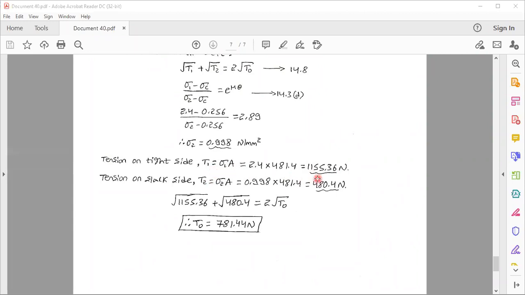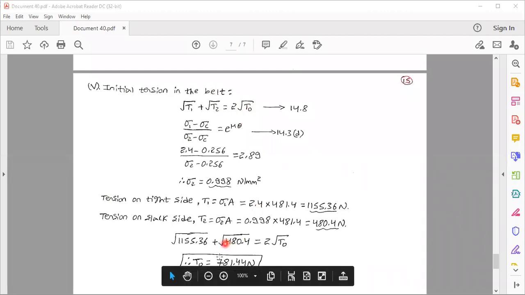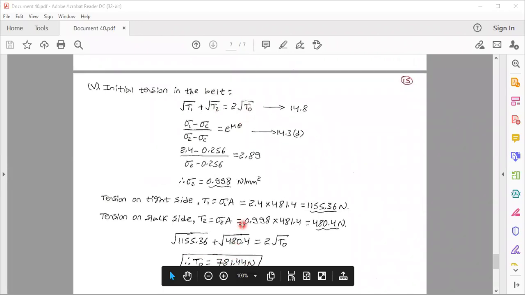Tension in tight side, you will get as 1155.36 Newton. Tension on slack side, T2 is equal to sigma 2 into A. Substitute sigma 2 and area, you will get 480.4 Newton. Once you get these values, substitute them in the 14.8 equation, T1 and T2 values, and you will get the initial tension in the belt, T naught. It is 781.44 Newton. Okay, this is how you need to calculate the values.